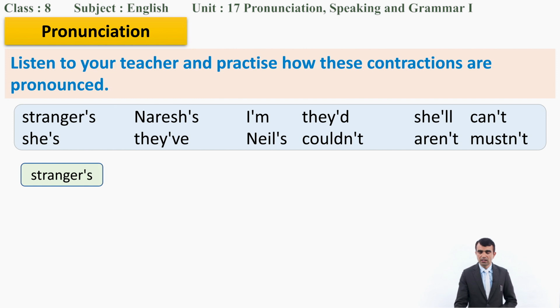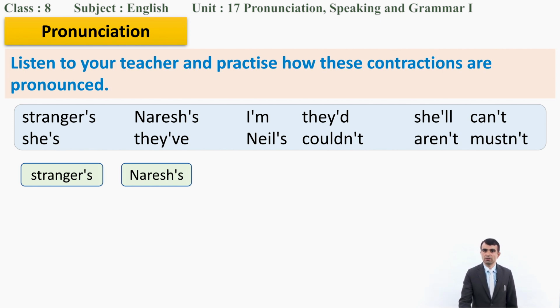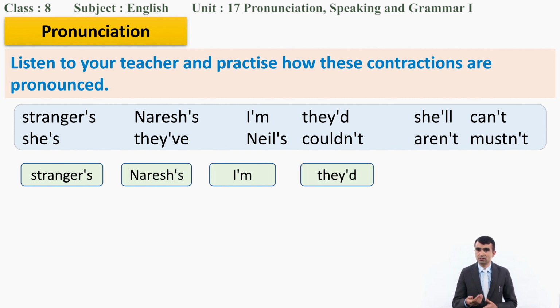Second is nourishes, nourishes. Third one, I apostrophe M, that is I'm. Then they apostrophe D, that is they'd.